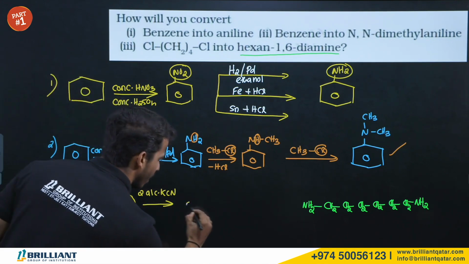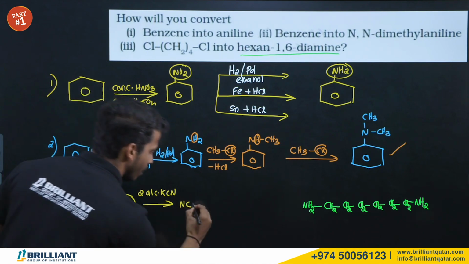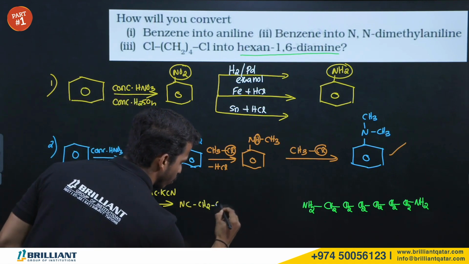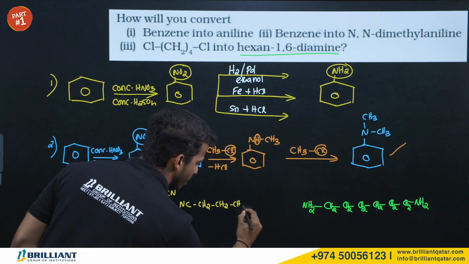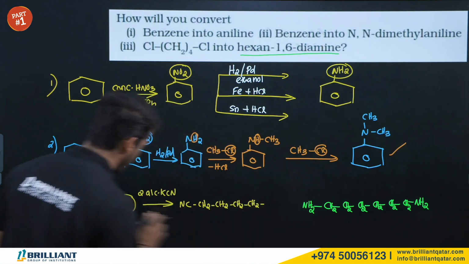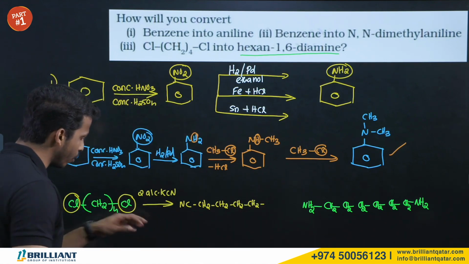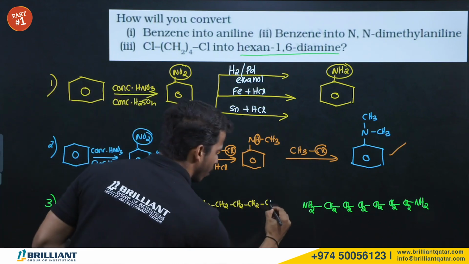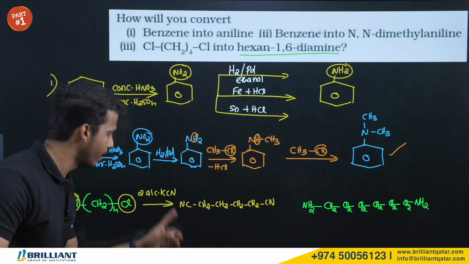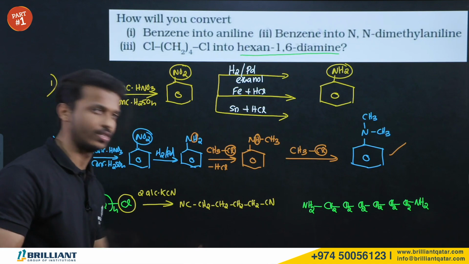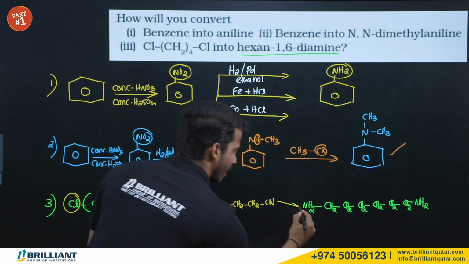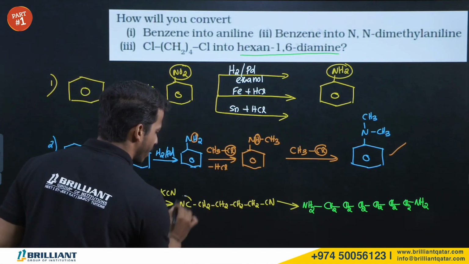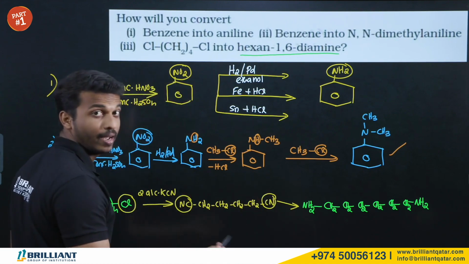So when 2 cyanides are added instead of the chlorines, the compound becomes 6 carbon. So I can write here CN, then CH2, CH2, CH2, CH2. From where is this? You know, CH2 4 times in the bracket. This chlorine also we replaced by cyanide. Now how many carbon in your product? 1, 2, 3, 4, 5, 6. Yes or no? Now the next process. How can we convert cyanide into amine? By reduction.